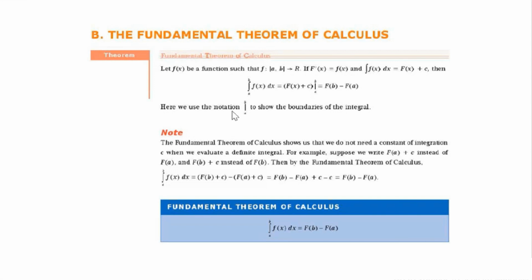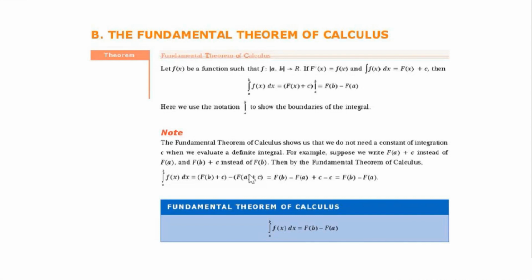So here we use the notation of this symbol, a to b, to show the boundaries of the integral. We have to note that the fundamental theorem of calculus shows us that we do not need a constant of integration c when we evaluate a definite integral. For example, suppose we write F of a plus c instead of F of a, and F of b plus c instead of F of b.